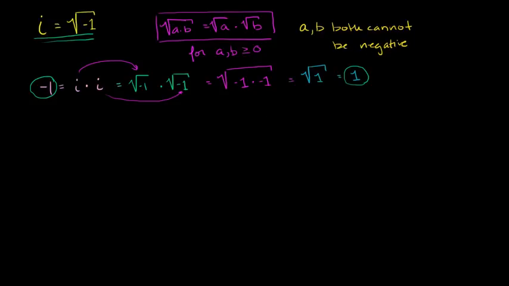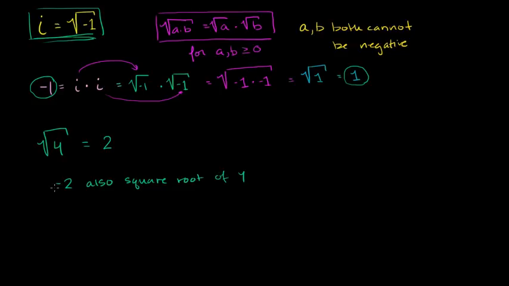Now, I've just spent the last 3 minutes saying that people who tell you that this is wrong are wrong. But with that said, you have to be a little bit careful about it. When we take traditional principal square roots, so when you take the principal square root of 4, we know that this is positive 2. 4 actually has two square roots. -2 is also a square root of 4.